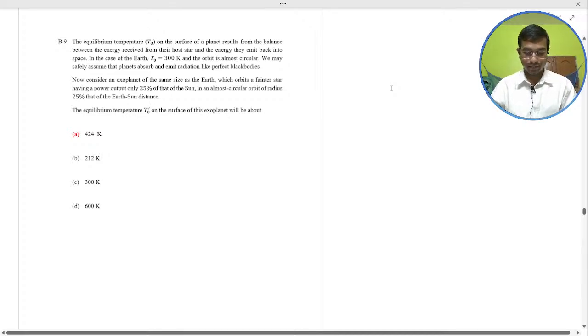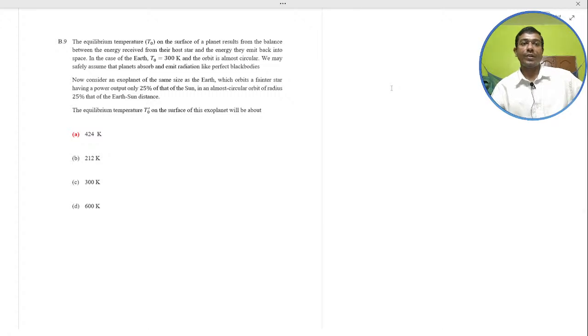Question number 9. The questions are much long, 5 or 6 lines, but the answer is very short, 2 or 3 lines. The equilibrium temperature T0 on the surface of a planet results from the balance between the energy received from their host star and the energy they emit back into the space.